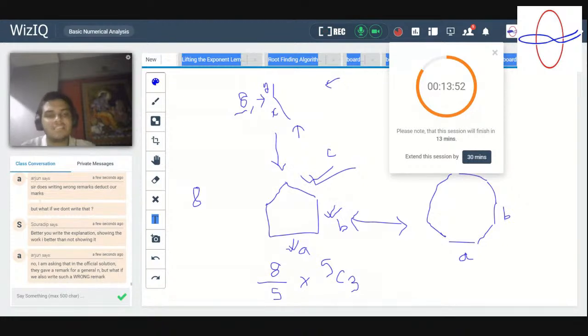So in that case, writing a wrong remark does put your solution into question, and it will increase the depth to which somebody will go.